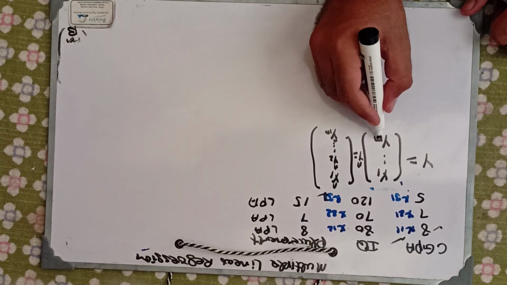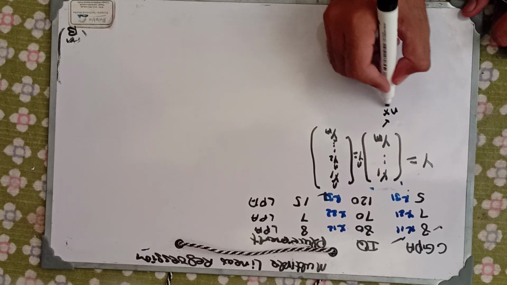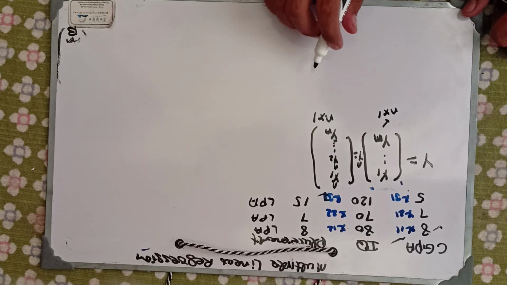And let's suppose the dimension is n multiplied by 1, this is also n multiplied by 1, right?